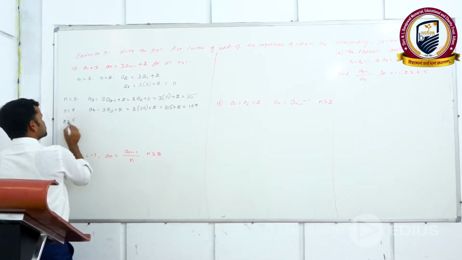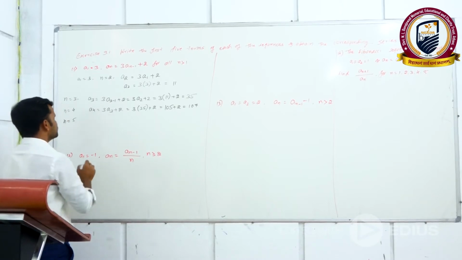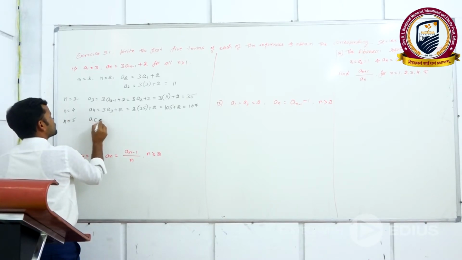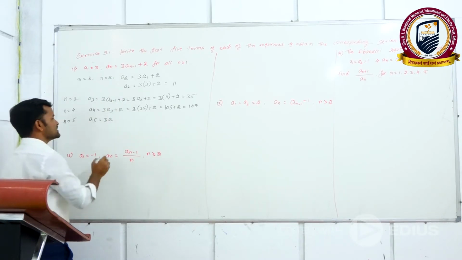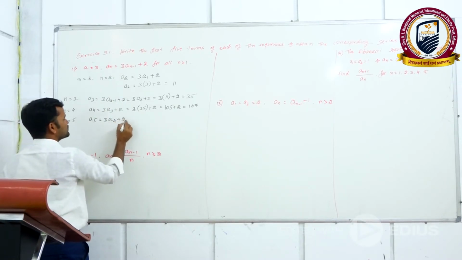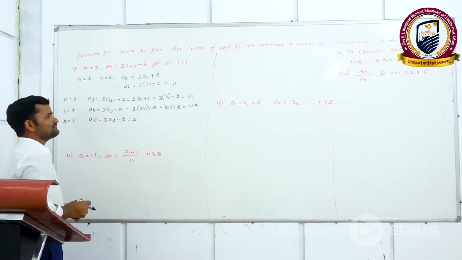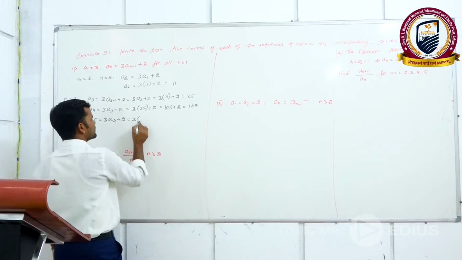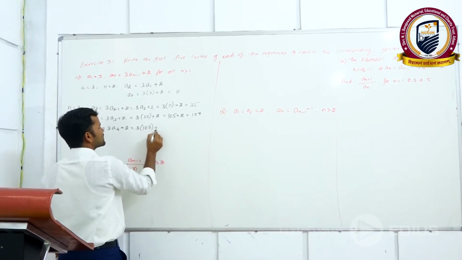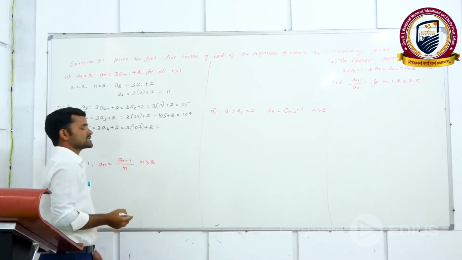To get the fifth term, you substitute n is equal to 5. a5 is equal to 3 times a subscript 5 minus 1, means 3 times a4 plus 2. 3 into, what is a4 value? a4 value is 107, already we got this. 3 into 107 plus 2 will be as it is.